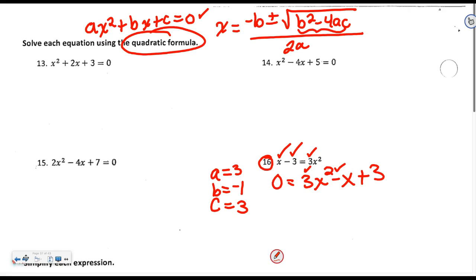Now I'll use the quadratic formula that says x is equal to, it's right up here, so x is equal to the opposite of b. So the opposite of -1 is 1. Plus or minus the square root of b squared. -1 times -1 is positive 1.